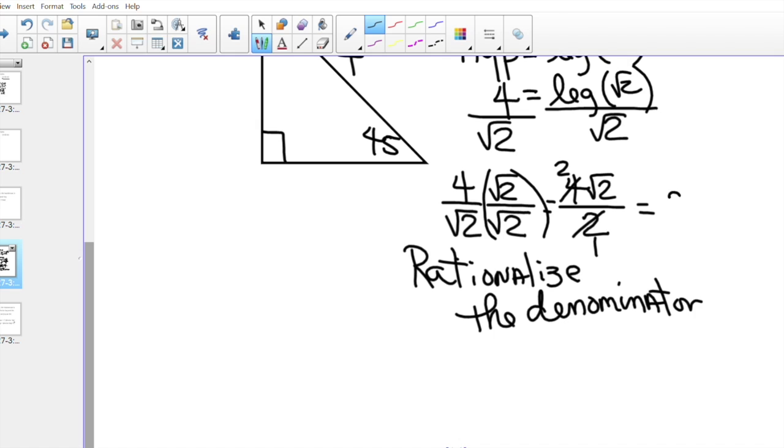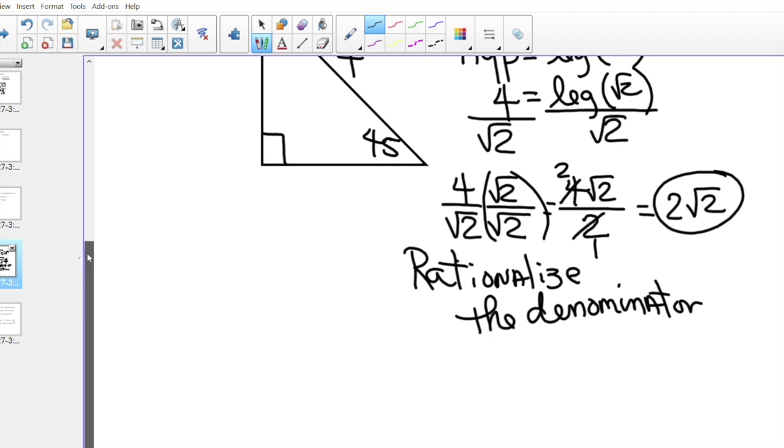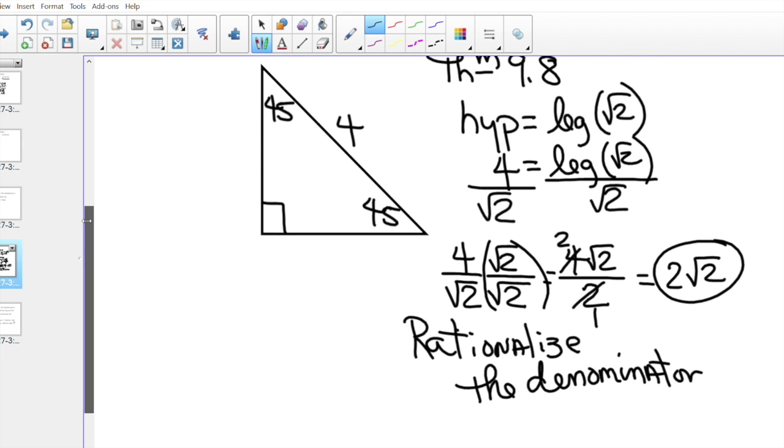So the answer to our problem is 2 times the square root of 2. And that is what we're going to be doing: given the length of the leg, find the hypotenuse. If you are given the hypotenuse, determine the measure of the legs.